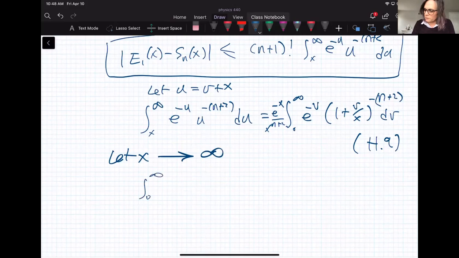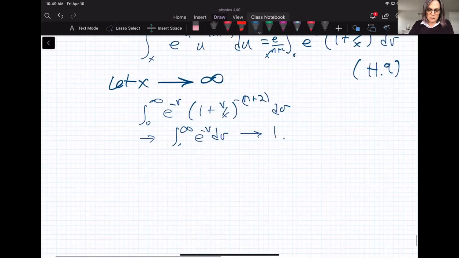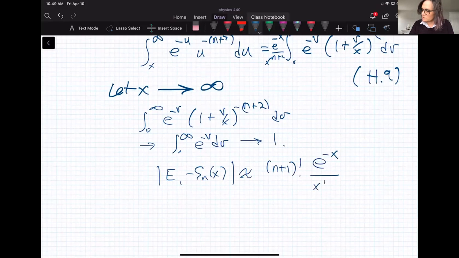The integral from 0 to infinity of e to the minus v, 1 plus v over x to the minus n plus 2 dv, goes to the integral from 0 to infinity of e to the minus v dv, and that goes to the value of 1. In other words, this expression E1 minus S sub n of x ends up looking like n plus 1 factorial e to the minus x over x to the n plus 2.